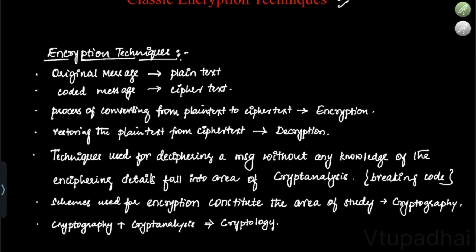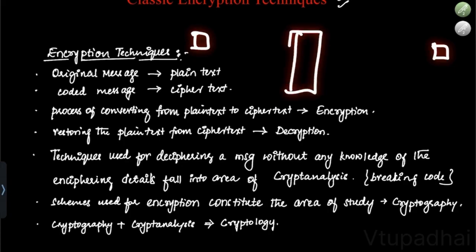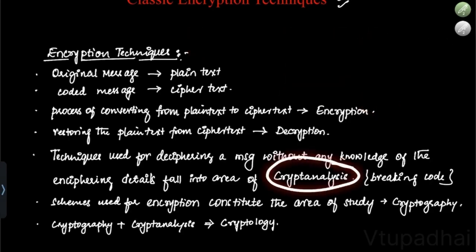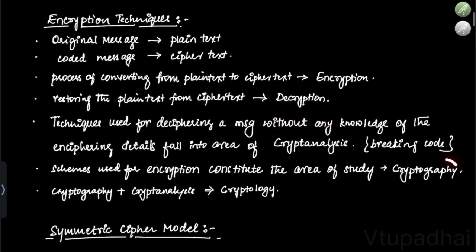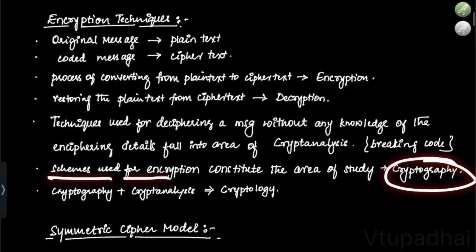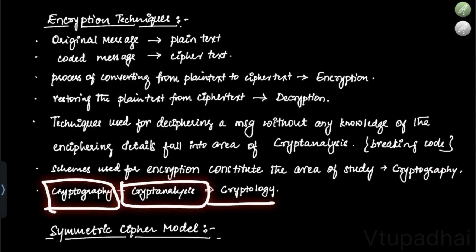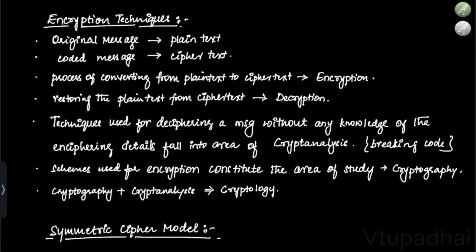Without knowing the original message, just with the cipher message and the key available, if someone is trying to break the code, that process is called cryptanalysis. Cryptography means the schemes used for encryption constitute the area of study called cryptography. The combination of cryptography and cryptanalysis is called cryptology. So this was about the basic definitions.